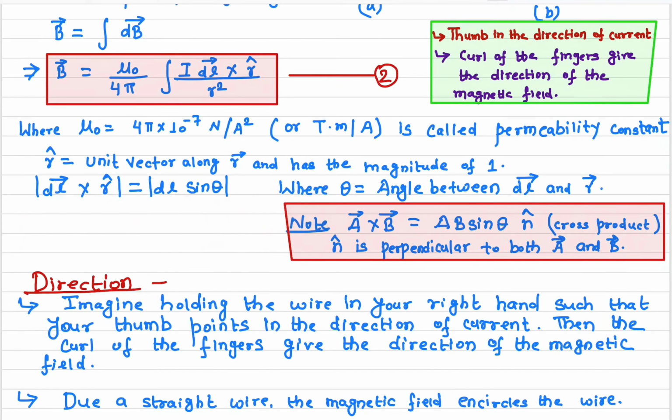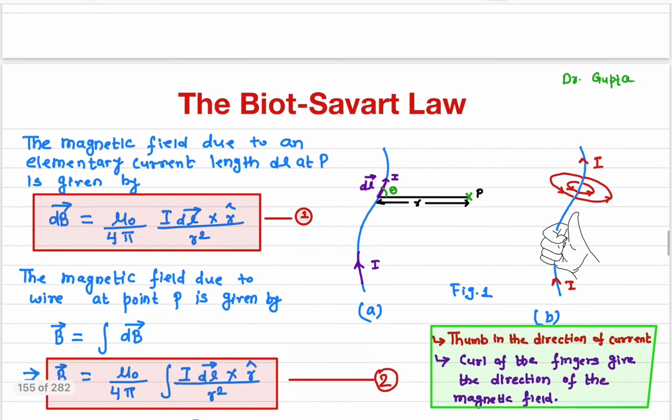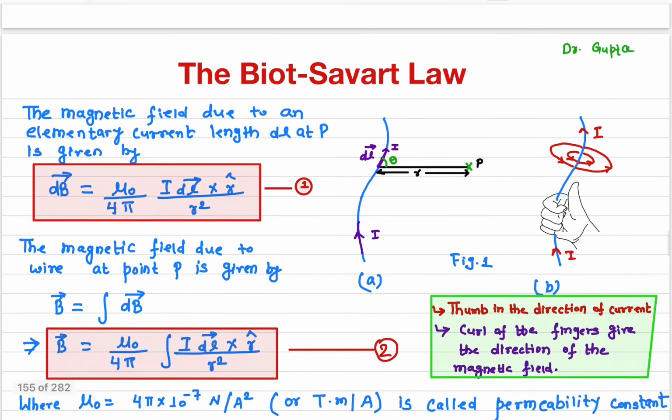This is a cross product, so the cross product would be dl sine theta. And theta is the angle between the dl vector and the r vector. So this is the dl vector and that's the r vector, and theta is the angle between them.